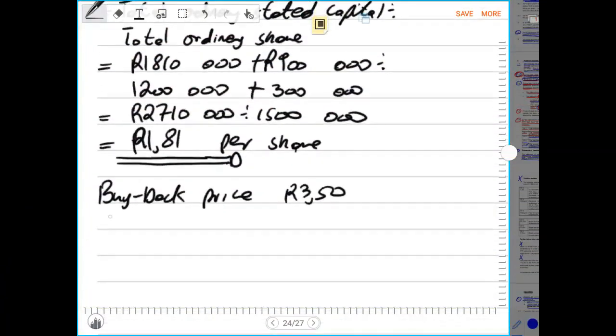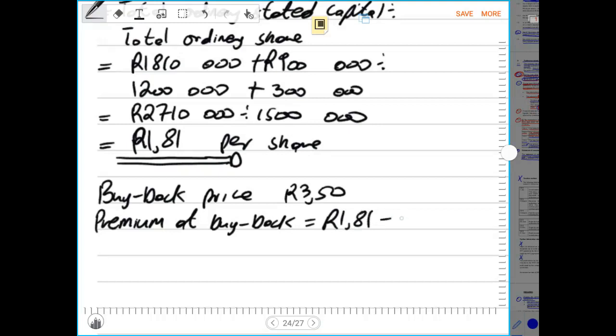So now we need to calculate the premium on redemption, or premium on buyback, at the point when we are buying back. Premium at buyback will be the average issue price, which is 1 rand 81 cents, less the buyback price, which is 3 rand 50 cents.